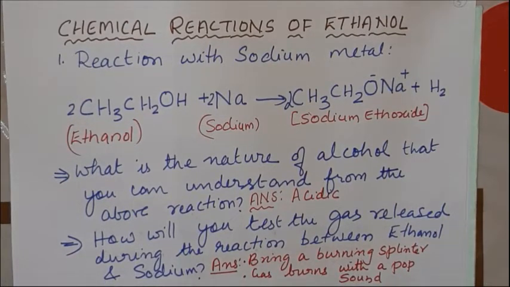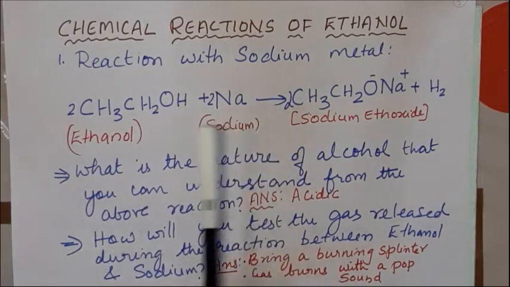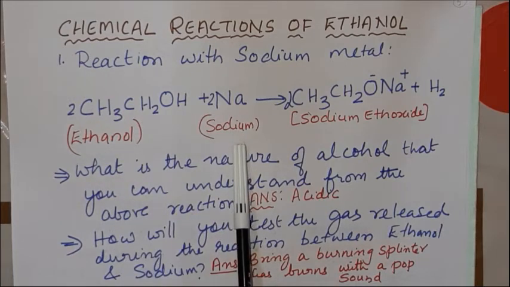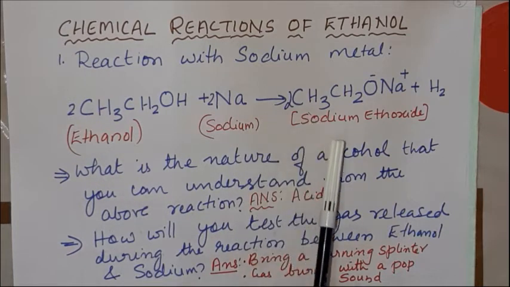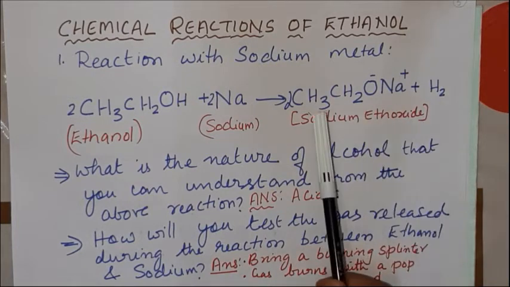You can see here the first reaction that is listed is the reaction with sodium metal. Sodium is represented by the symbol Na. Observe the reaction. Ethanol is treated with sodium. We get a product, sodium ethoxide plus hydrogen gas.